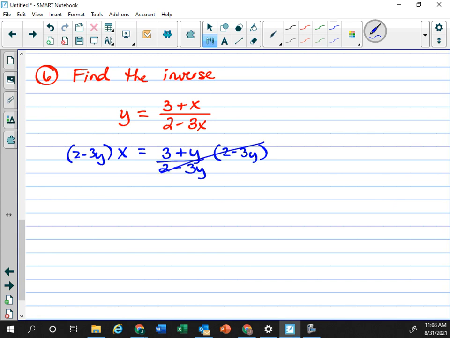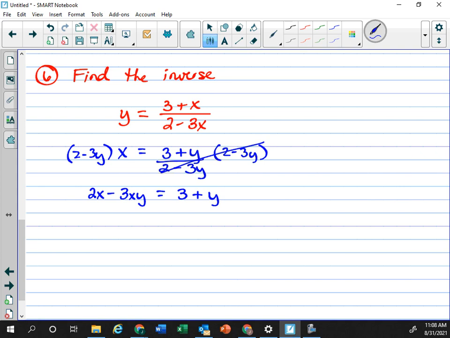So that's now gone on the right side. And I'm going to go ahead and distribute. So I'll have 2x minus 3xy equals 3 plus y. A lot of people got here and then got creative after that, okay? What you're trying to do is solve for y.